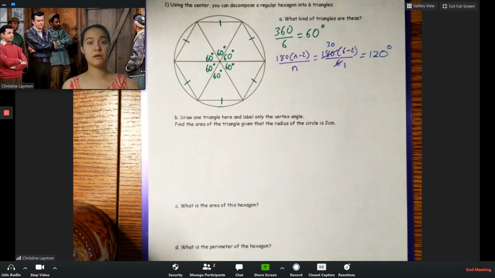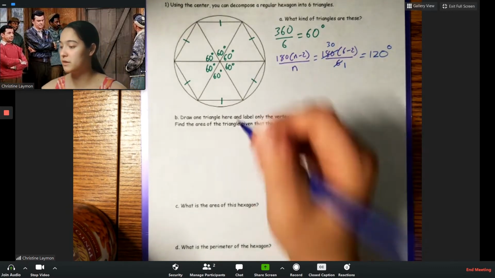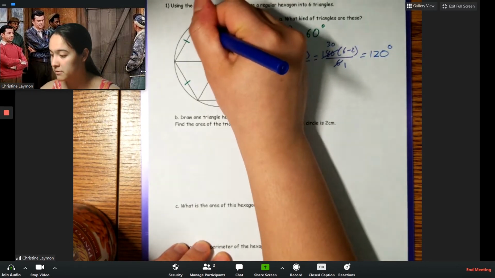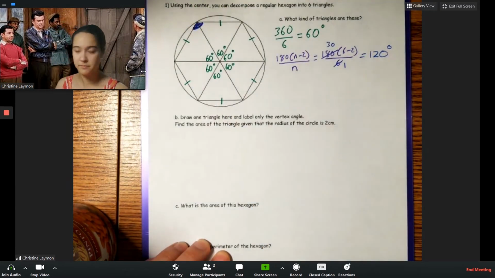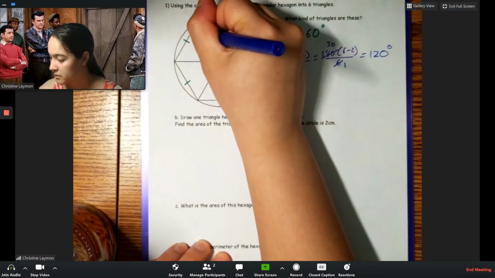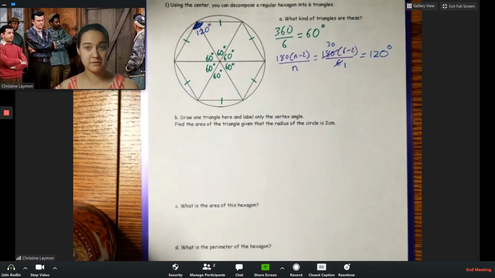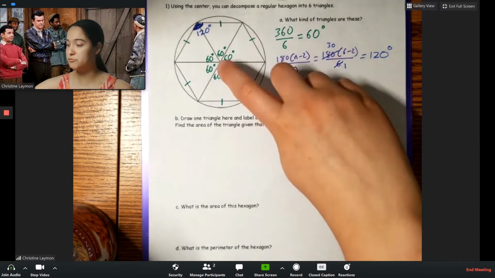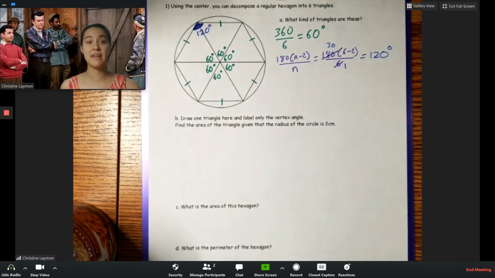Now let me show what this part is talking about. 120 degrees is like saying all of this stuff put together. But note that this radius is going to cut that angle in half. So basically 120 divided by 2, that's our 60.